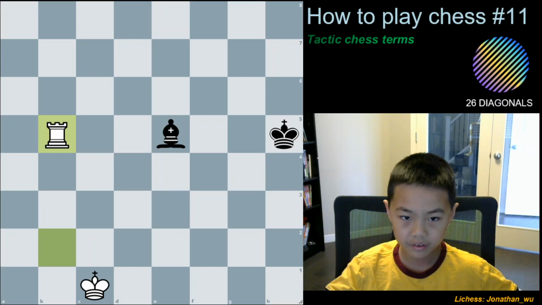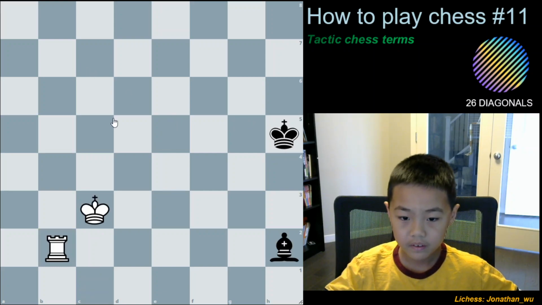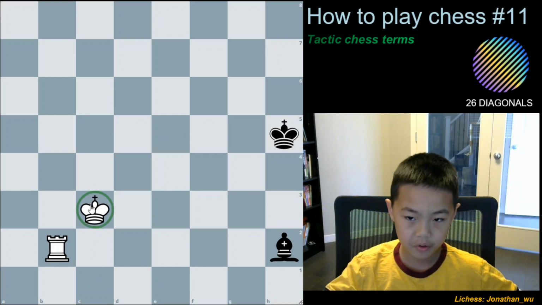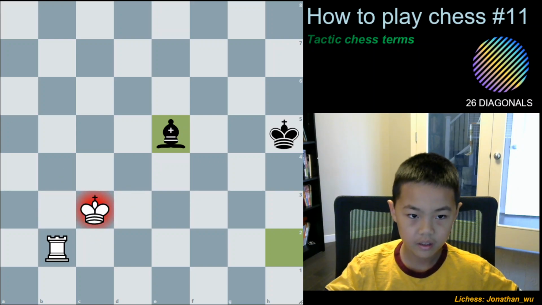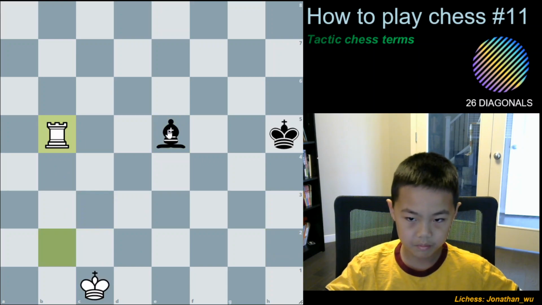Well, that's not really related. So this is when the more important piece is in front of the less important piece. So now you have to move your king. If you don't move your king, you'll lose the king. In this one, you couldn't move your bishop because, well, it was a pin.